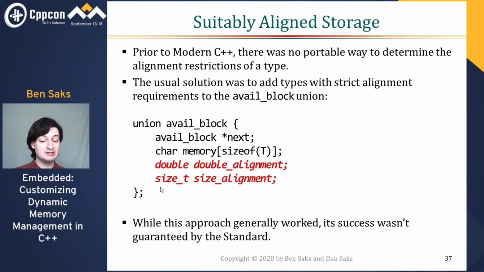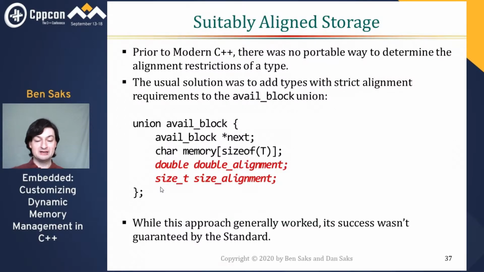That ensures the alignment is up to whatever is required by a double or a size_t. But it's not guaranteed that that's the strictest possible alignment you could have in your system.